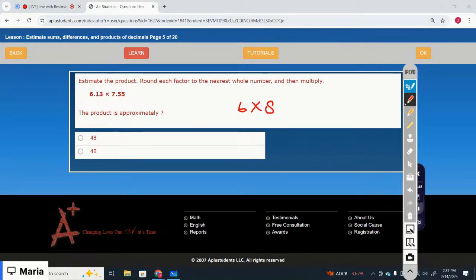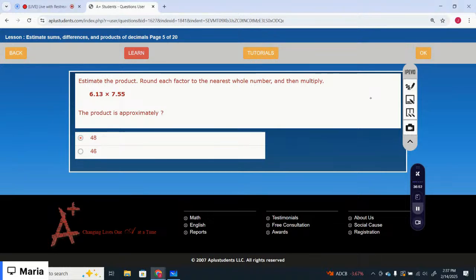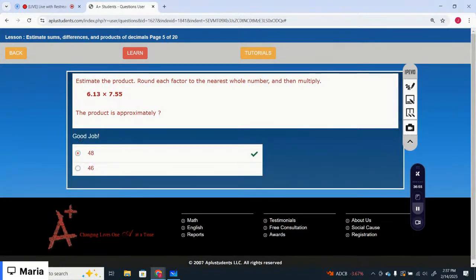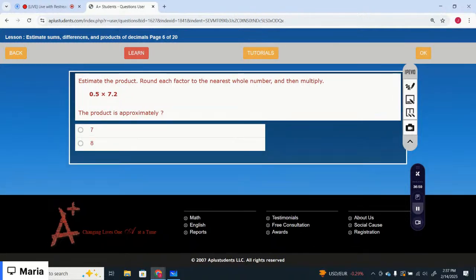So 8 times 6 makes 48. Option number 1 is the correct option. 0.5 times 7.2.